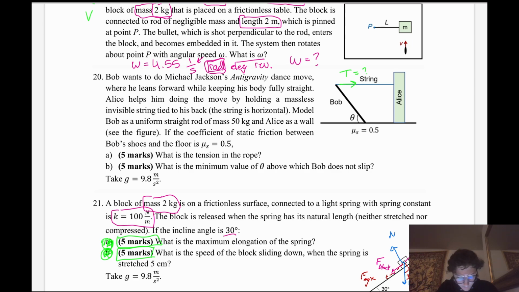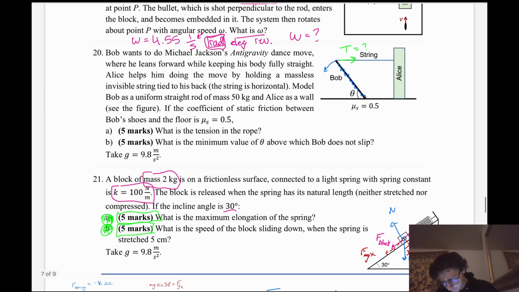Now this Bob, he is modeled as a rod. Model Bob as a uniform straight rod of mass 50 kg. So if this guy is a rod, and he's falling this way, it's like a torque that's being applied.